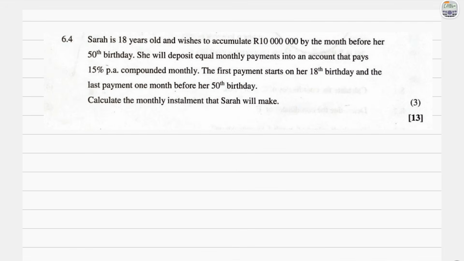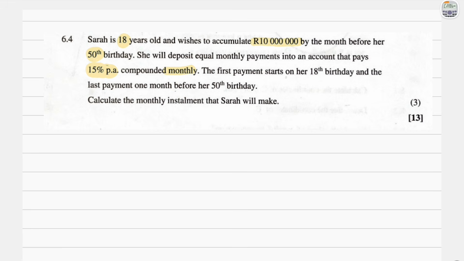Question 6.4 says, Sarah is 18 years old and wishes to accumulate 10 million rand by the month before her 50th birthday. So this is from when she's 18 to 50. She will deposit equal monthly payments into an account that pays 5% per annum compounded monthly.